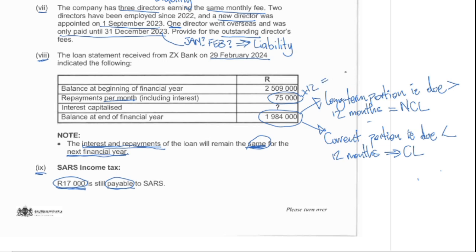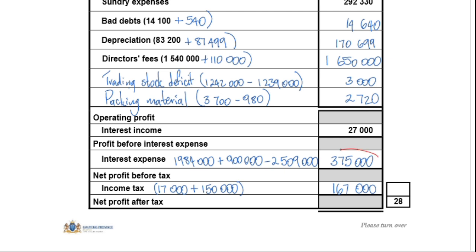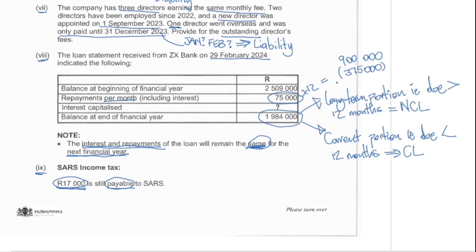This year's repayments were 75,000 rands per month multiplied by 12, which is equal to 900,000 rands. But we must be aware that this amount includes interest. So we must first remove the interest from the repayment so that we have 900,000 rands minus 375,000 rands, which is the interest that was capitalized.